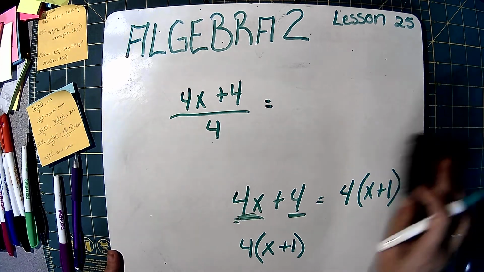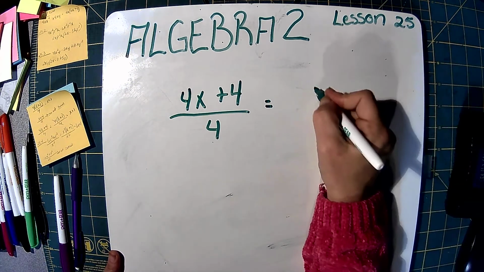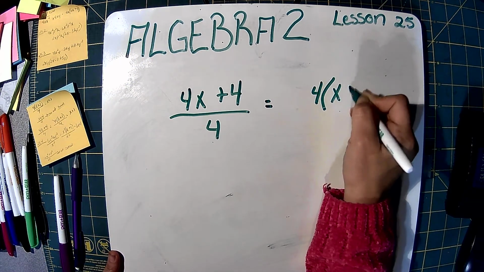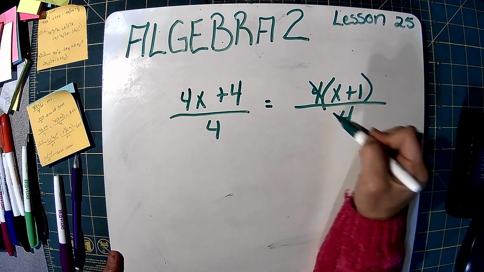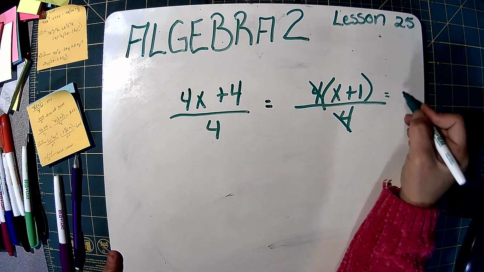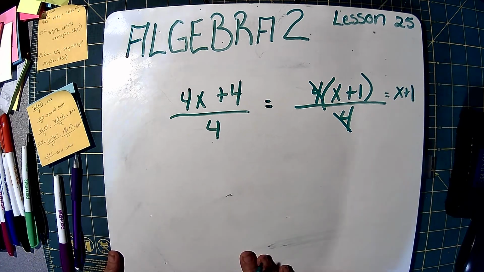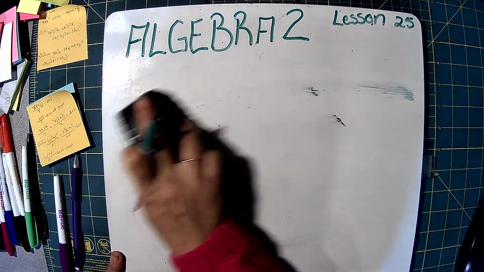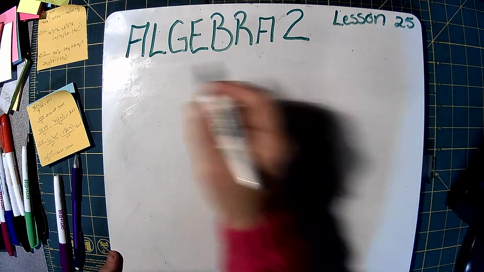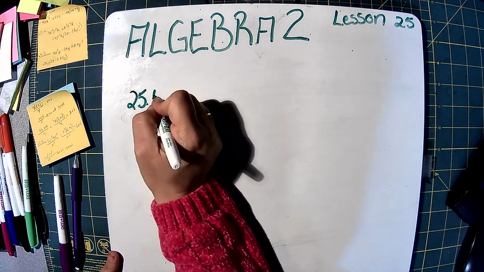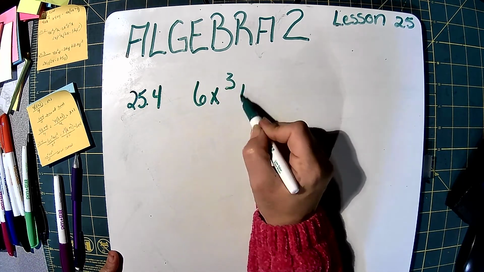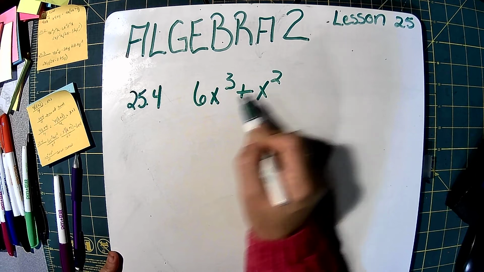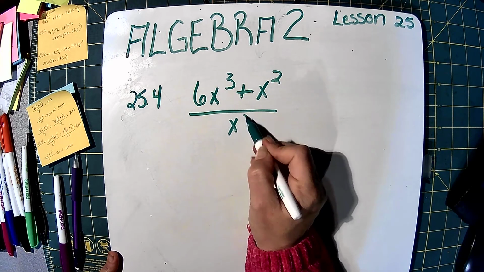So that whole thing on top equals 4 times x plus 1. If we put that over our 4, then we can cancel, and this whole thing cancels down to x plus 1. Super important.